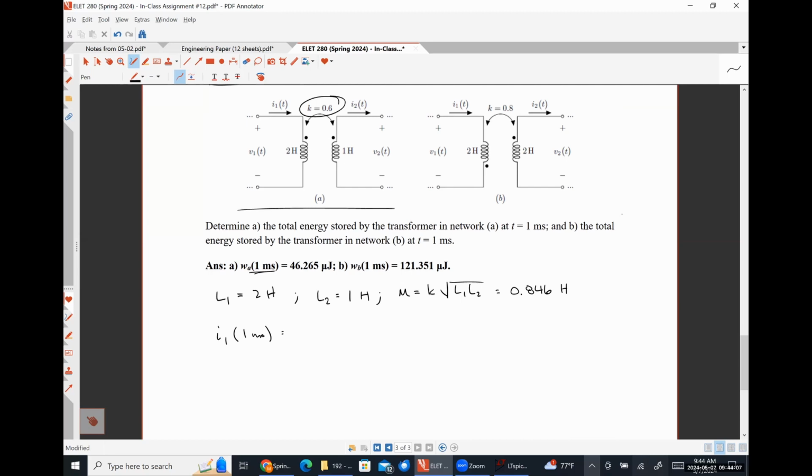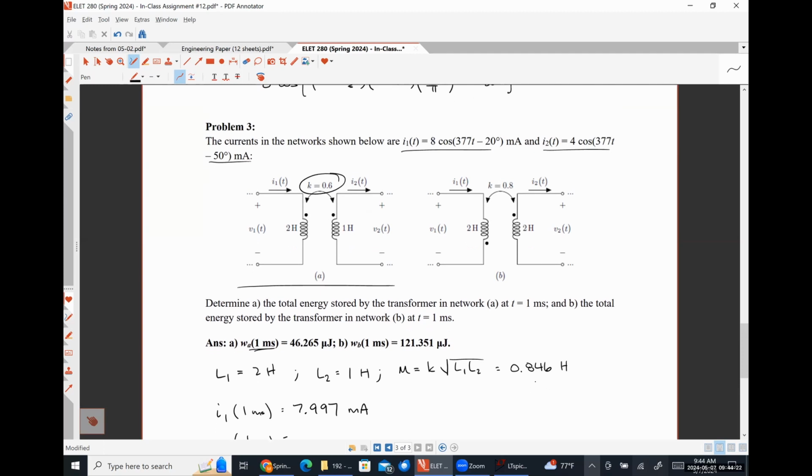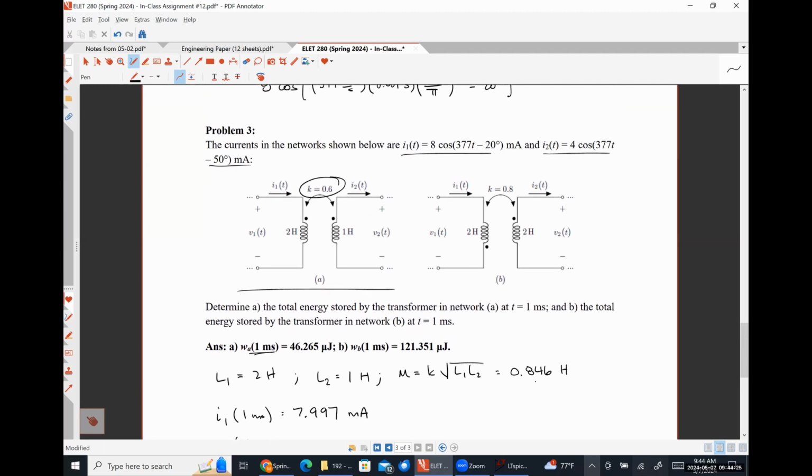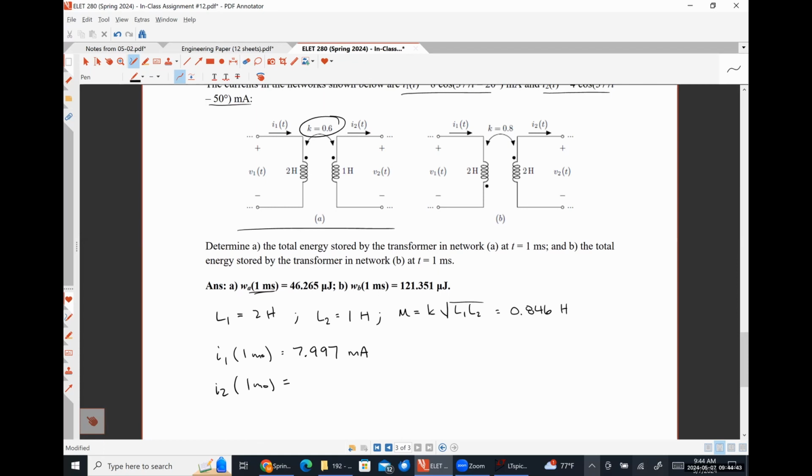So I get I1 at 1 millisecond to be 7.997 milliamps. I2 at 1 millisecond, I'm going to do a similar thing here. So 4 times the cosine of 377 times 0.001 times 180 over pi minus 50 gives me 3.519.